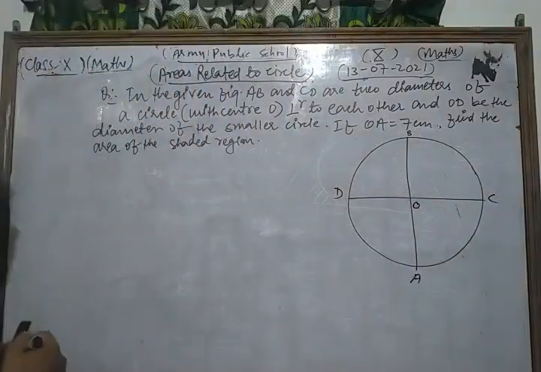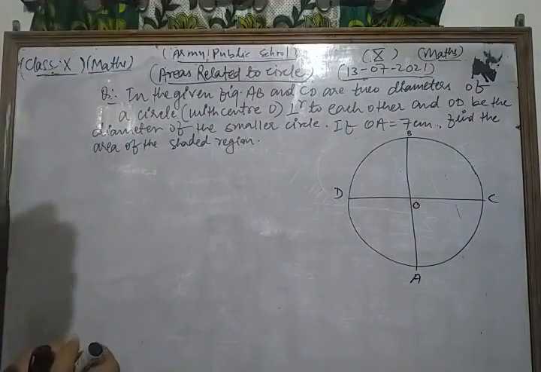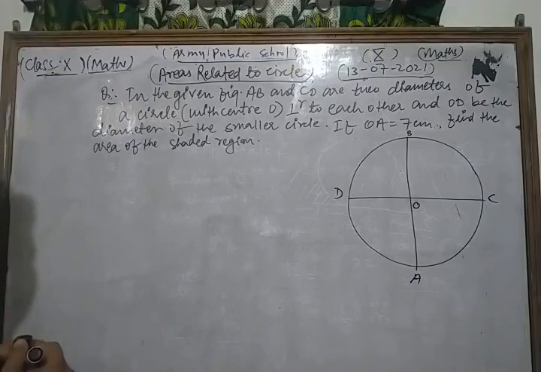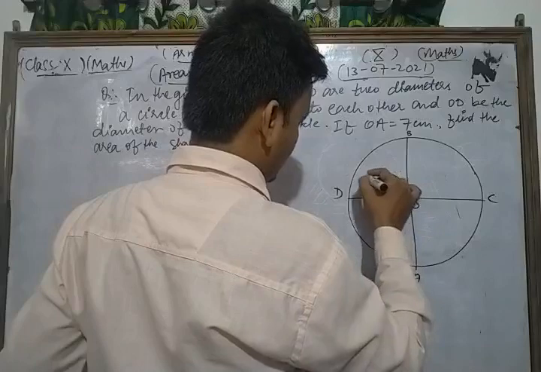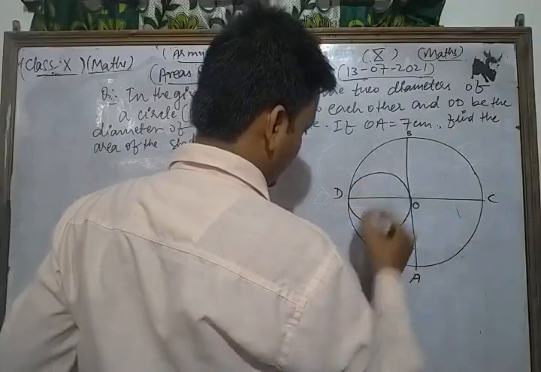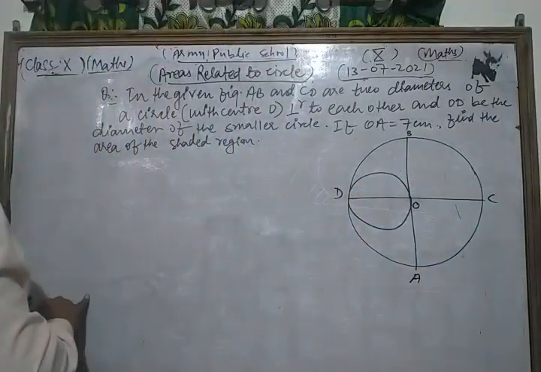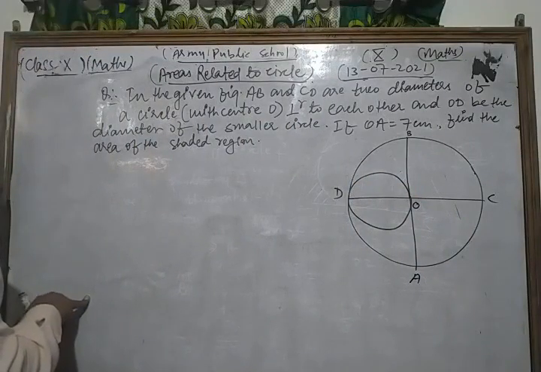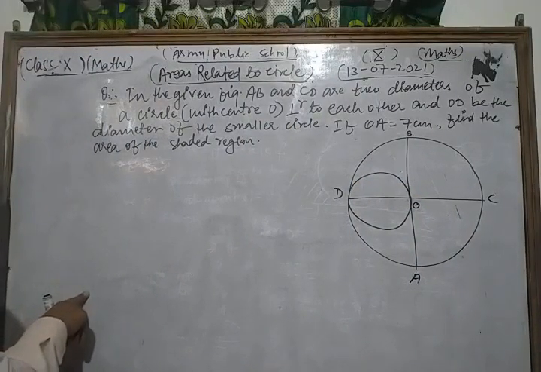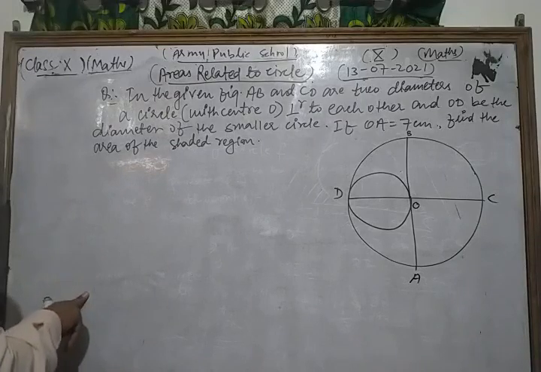And OD is the diameter of the smaller circle. This is your figure. OA is equal to 7 centimeter is given.